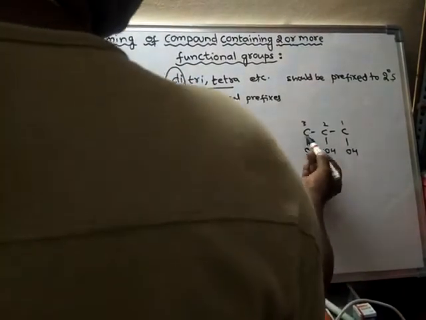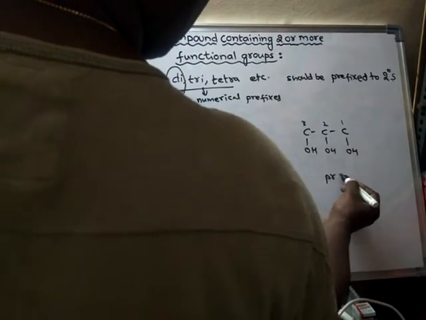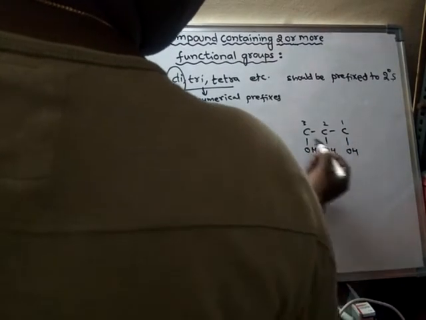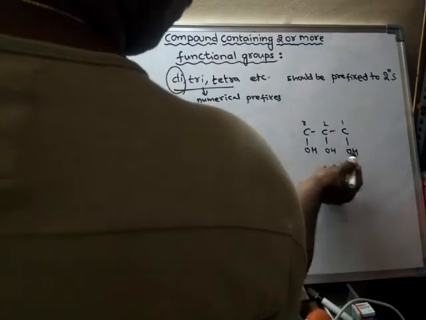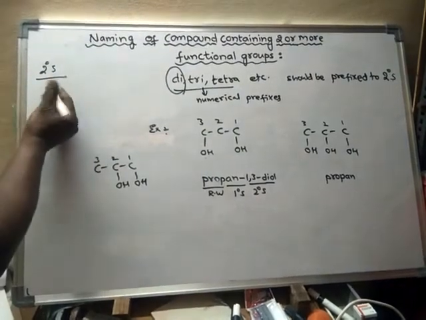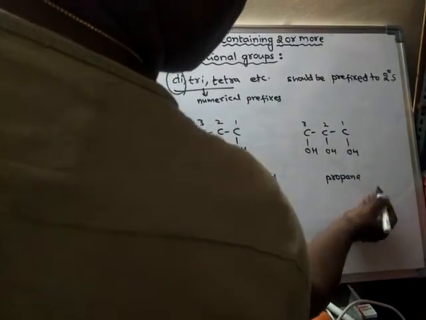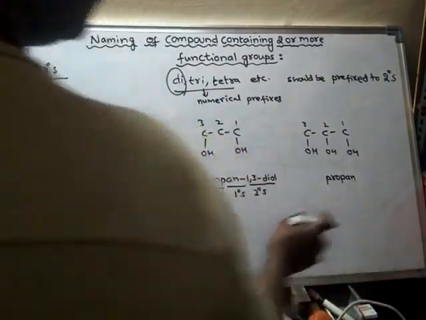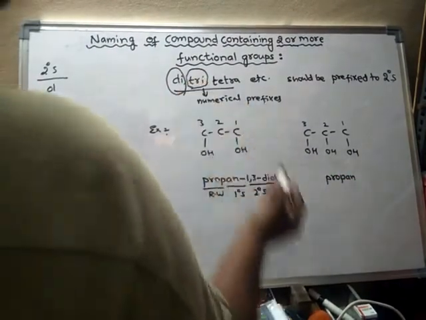Both are correct. Now three carbons means prop. Between carbons there are only single bonds, ane. As these are alcohol groups, ol, the first letter is O, a vowel, so this E is removed. Three means we have to use tri.